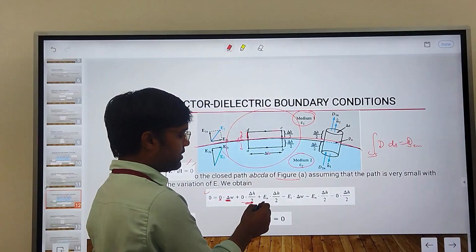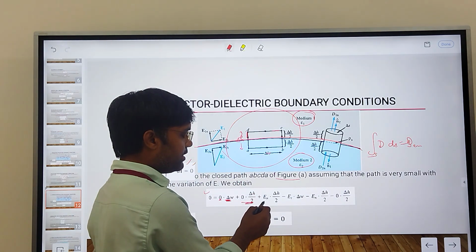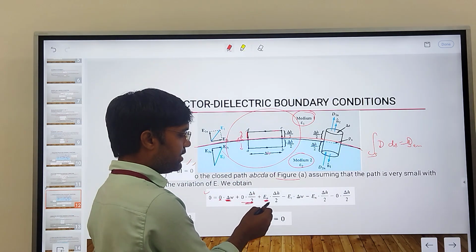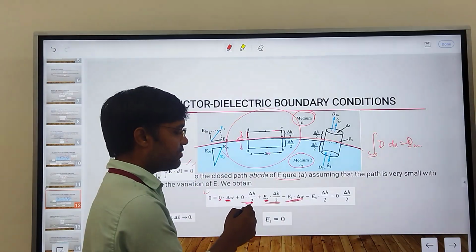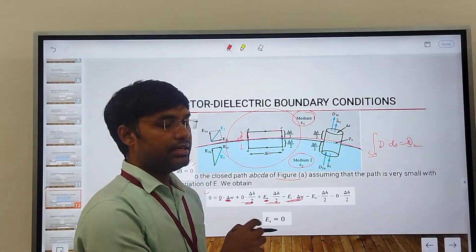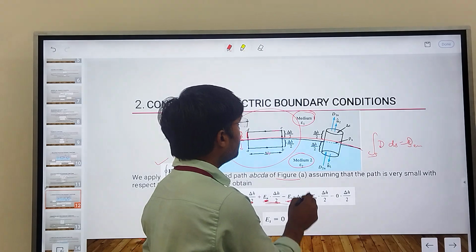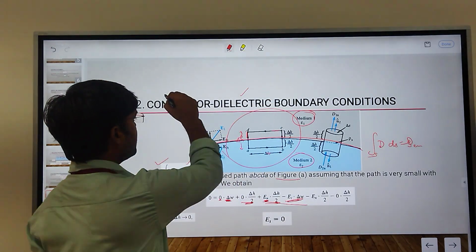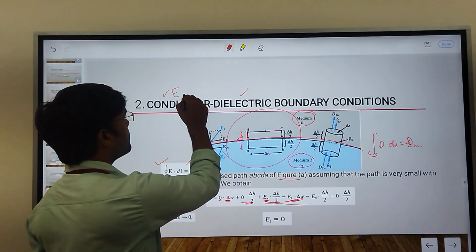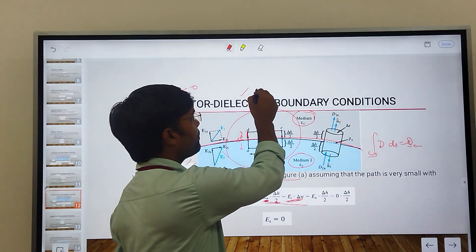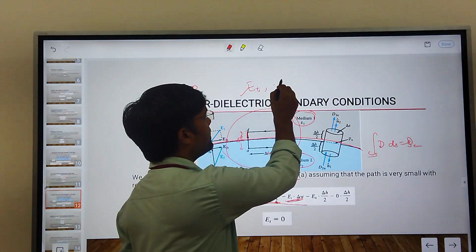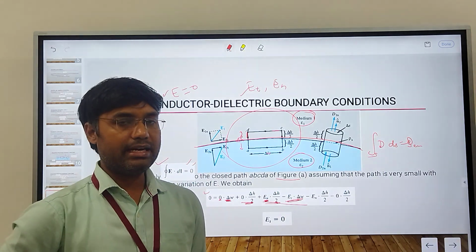Second, when we get into another medium, we get En, the normal component of electric field intensity, times delta H by 2, and minus the tangential component Et times delta W, in the dielectric case. So in the conductor case, E will be 0, but in the dielectric case there will be E. Et will also be there and En will also be there in the dielectric case.